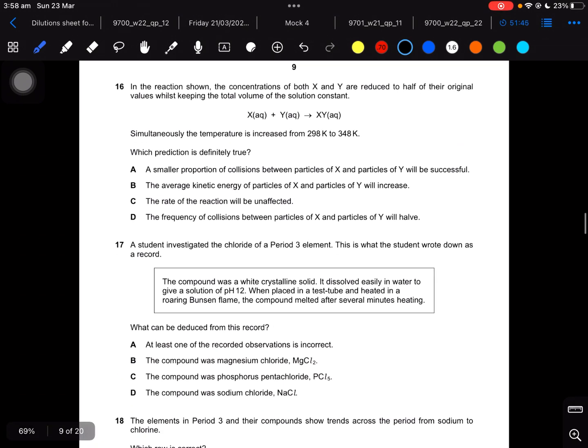Okay, 16. In the reaction shown, the concentrations of both X and Y are reduced to half of their original values whilst keeping the total volume of the solution constant. Simultaneously, temperature is increased from 298 to 348. Which prediction is definitely true?